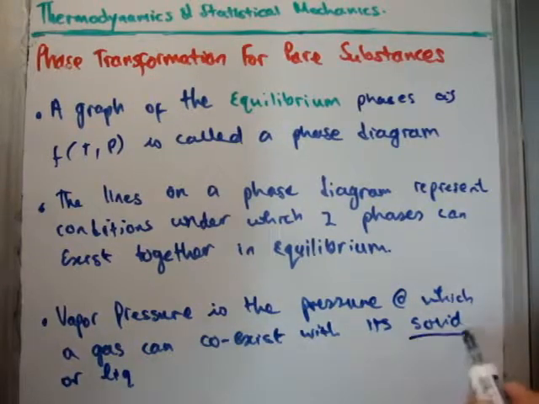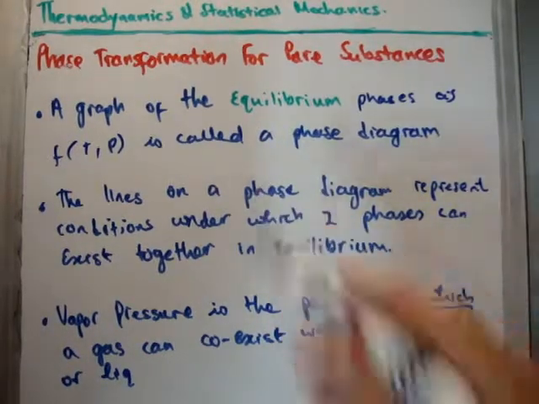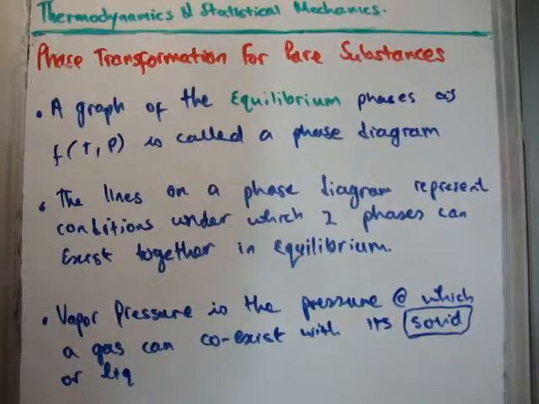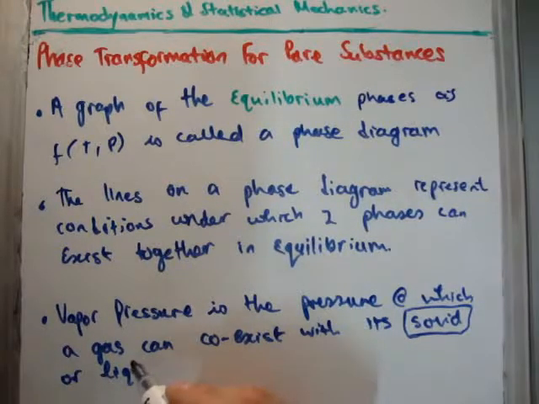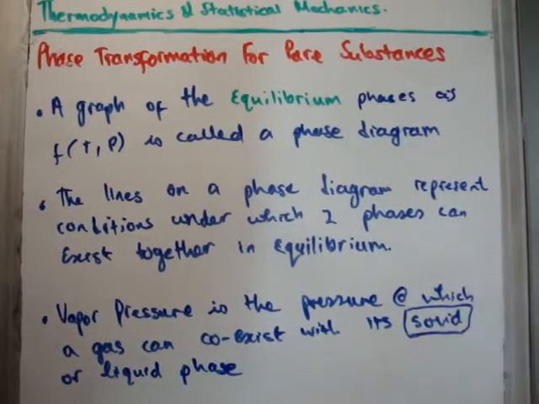Now you might say, hold up a second, wasn't I saying that you couldn't have solids and gases living together? But you can, under particular conditions. And I'm going to discuss when something might be coexisting between its solid and gas phase.